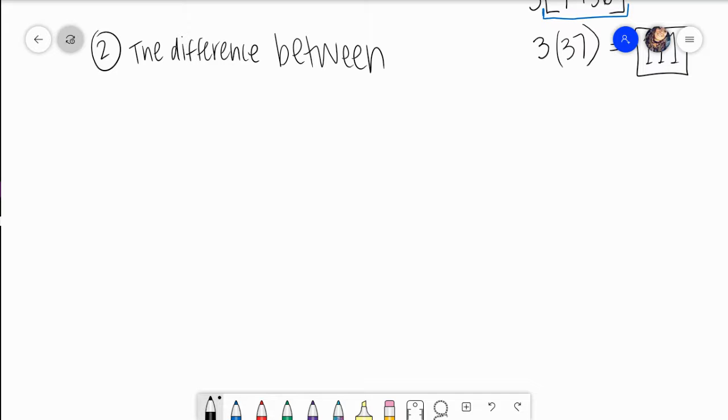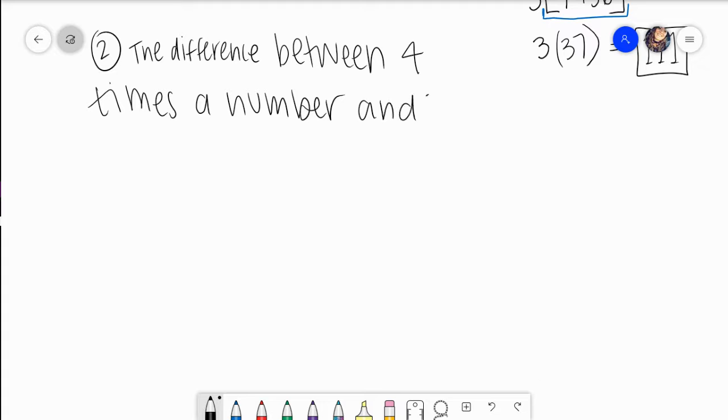The difference between 4 times a number and 3. My keywords that stick out to me are the difference between 4 times a number and 3. So difference means I know I'm going to have a subtraction sign, right? And then 4 times a number, we're letting x be our number.